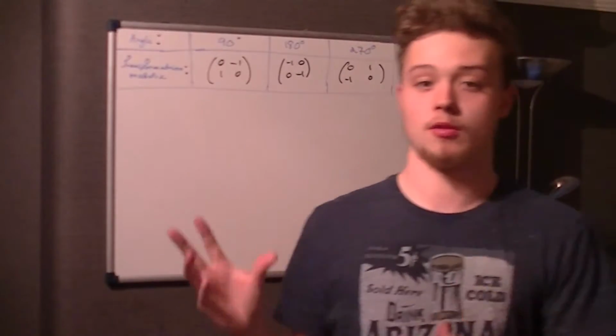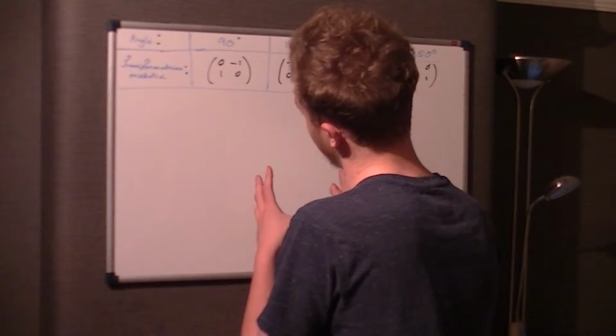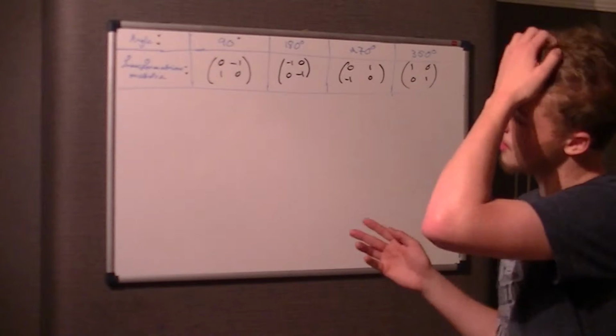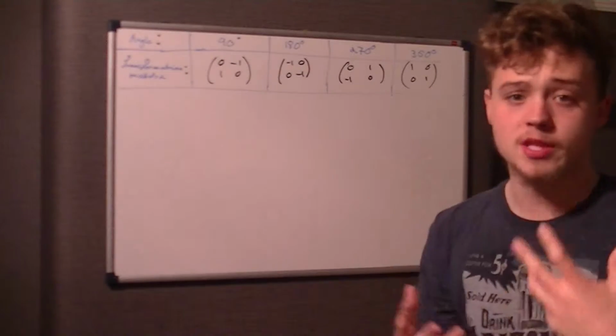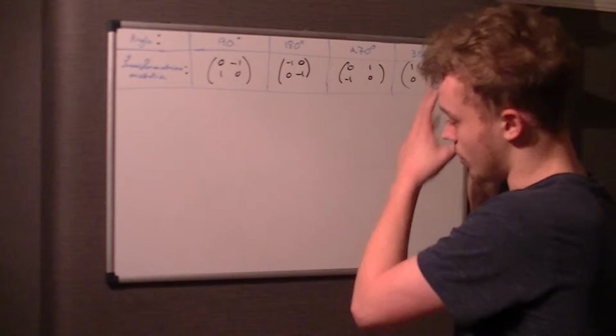Now what I've done here on the board is I've put a little table on. So for each angle of rotation, this is a rotation for matrices, this is the transformation matrix for each rotation.